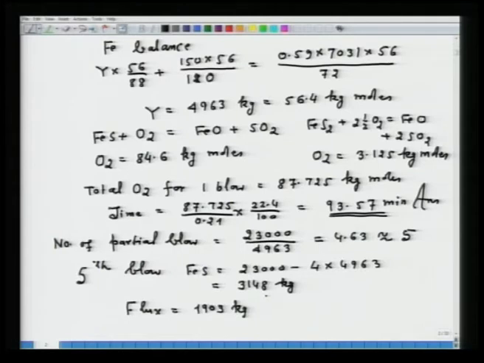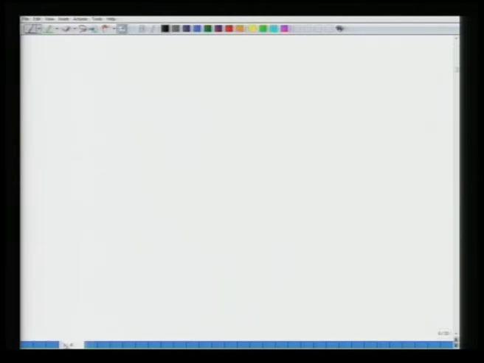Now we can calculate the time for the blows. You have blows 1, 2, 3, 4 and 5.